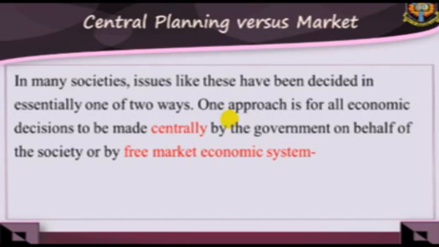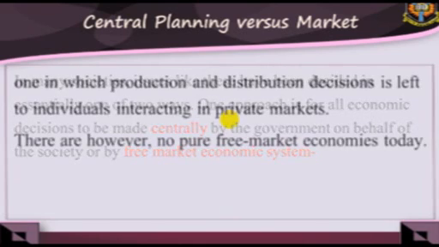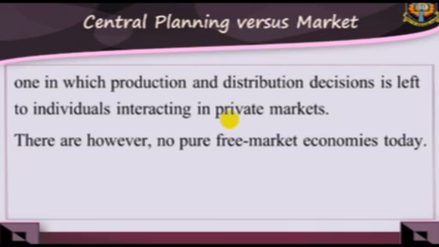At the beginning of the 21st century, many societies employed the second major form of economic system, free market economy, one in which production and distribution decisions are left to individuals interacting in private markets. In the so-called free market or capitalist economies, people decide for themselves which career to pursue and which products to produce or buy.